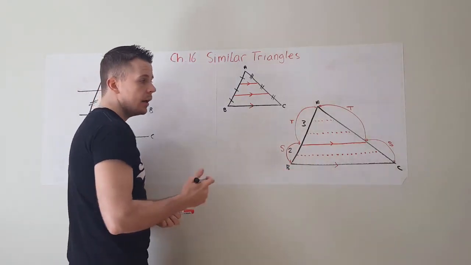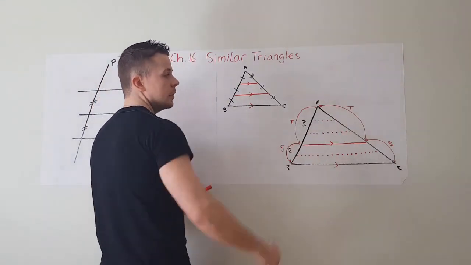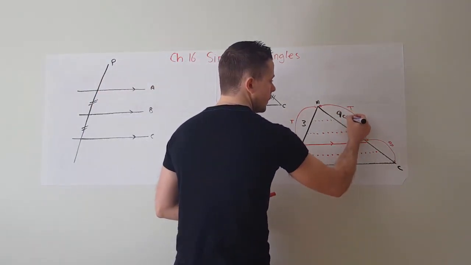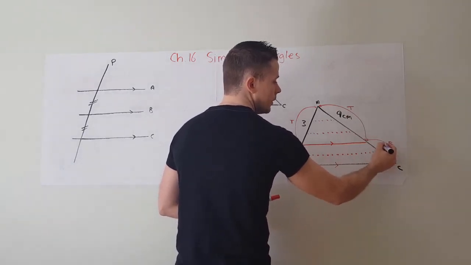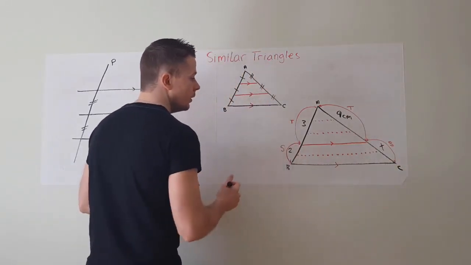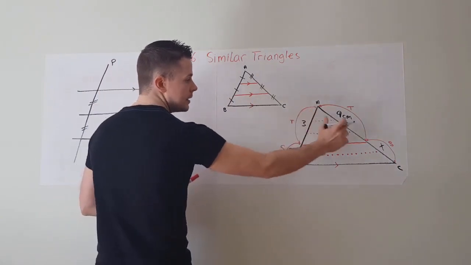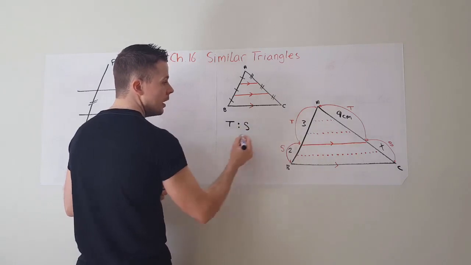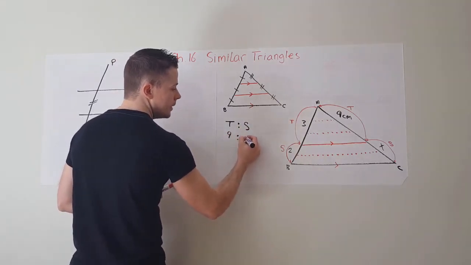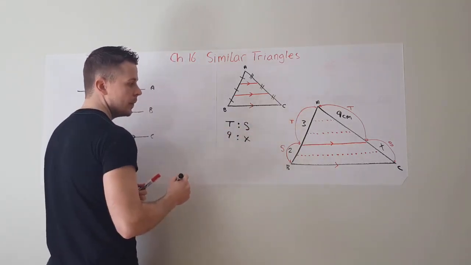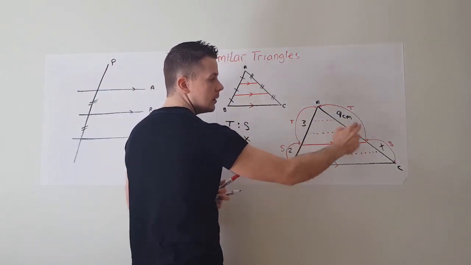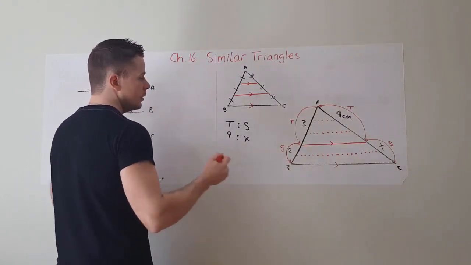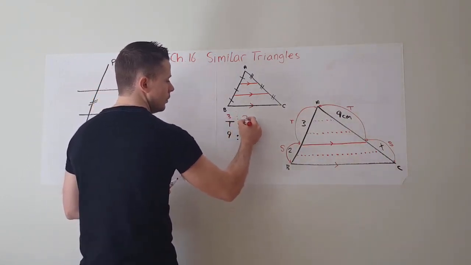Say I told you that the length of side T was 9 centimeters. Work out X. Well, what is my given ratio? T is to S, so 9 is to X. We know the number of parts, we know the ratio: it is 3 is to 2.